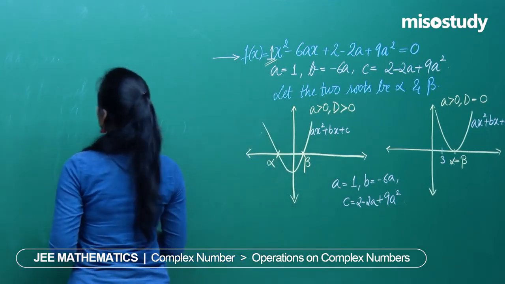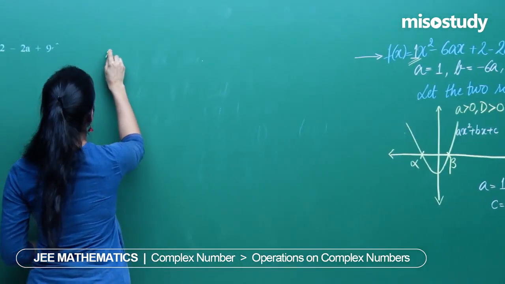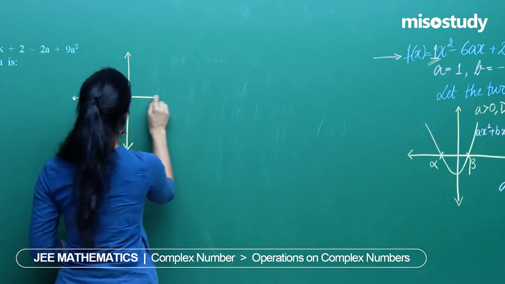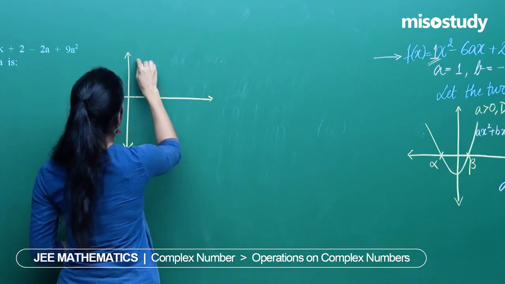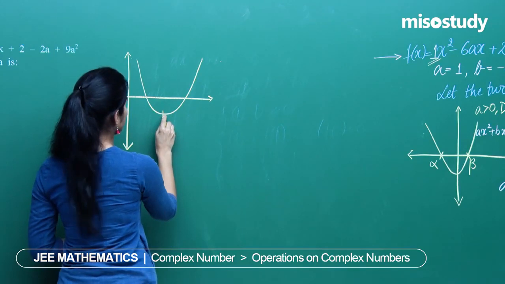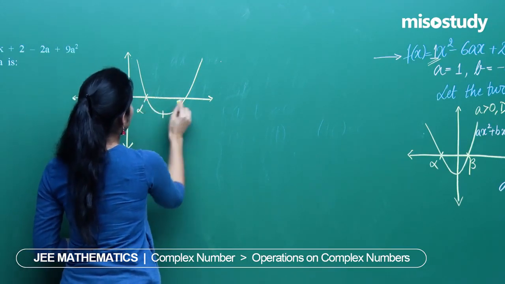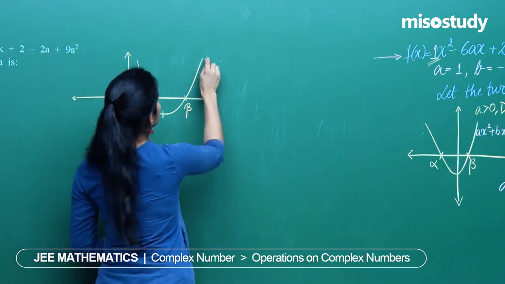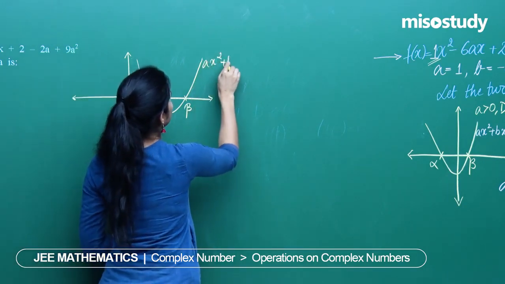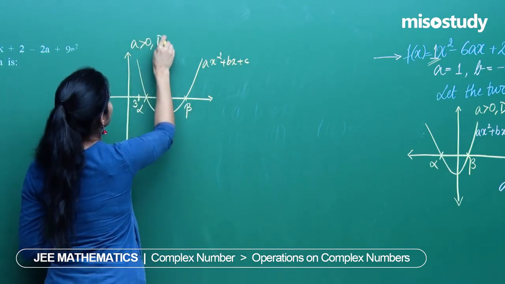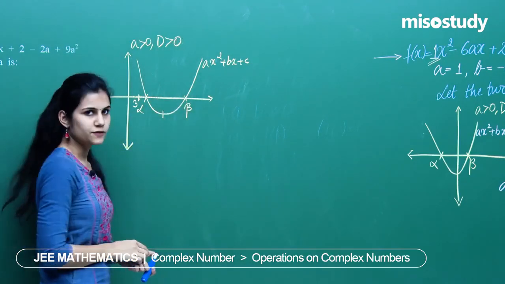So instead of this, if discriminant is strictly positive, you are going to have something like this type of a polynomial. So this will be your alpha, this will be your beta, somewhere here is your 3 lying. This is ax square plus bx plus c when a is positive and d is also positive.